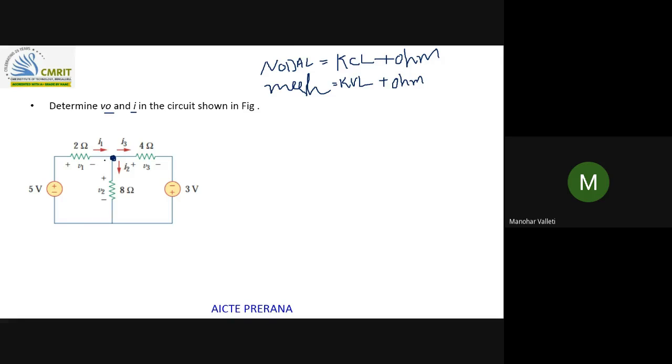Okay. So generally, if I am solving any equations, applying nodal analysis is easier. Whatever currents are shown here, I1, based on the nodal analysis, we'll assume from that particular node all the currents are leaving.